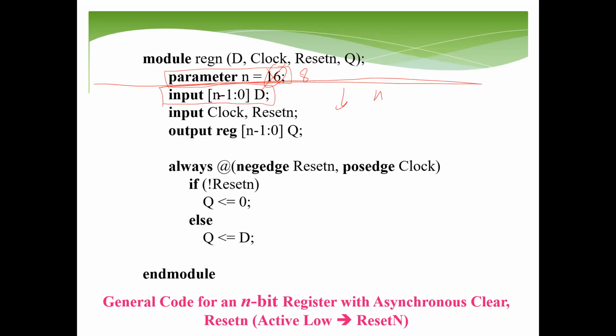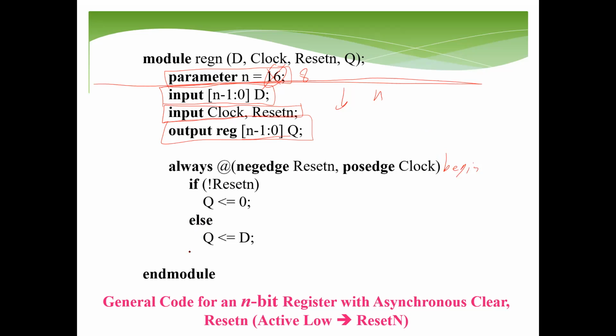If I have 8-bit, this should be 7 to 0. If I have 4-bit, this should be 3 to 0. The output is going to be the same size, so output reg from n minus 1 to 0. And these two signals are common between all types of, or any sized registers. And then you can see that the code is exactly the same.